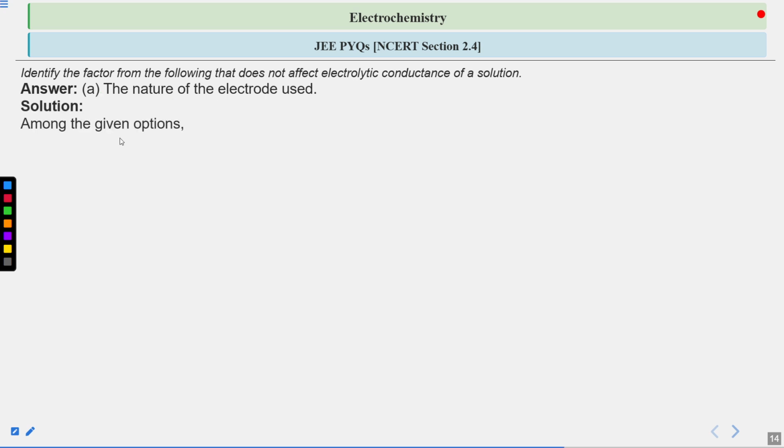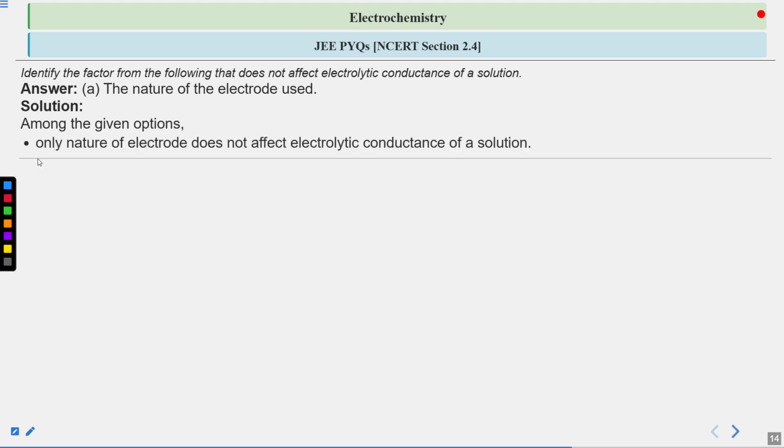Among the given options, only the nature of the electrode does not affect the electrolytic conductance of a solution. Other than that, whatever options we have will affect the electrolytic conductance.